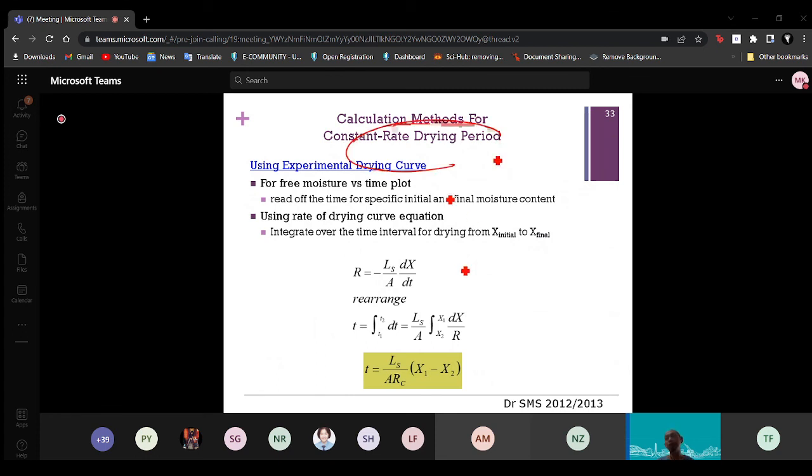For example, the time for drying, the rate of drying, if you don't have the information of R, how to calculate it. After this, it's going to be much easier because you already know about 50% of the drying mechanism and process. All right.